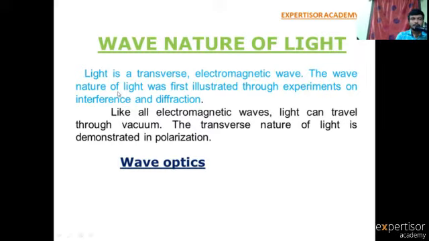The wave nature of light was first illustrated through experiments on interference and diffraction.